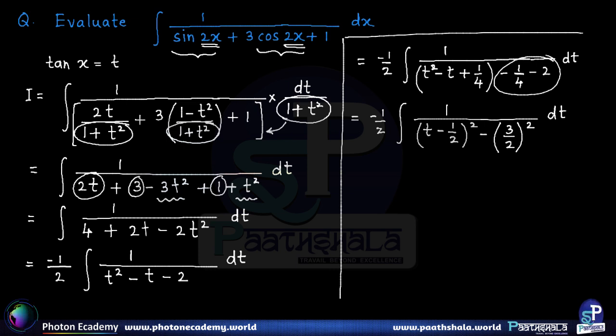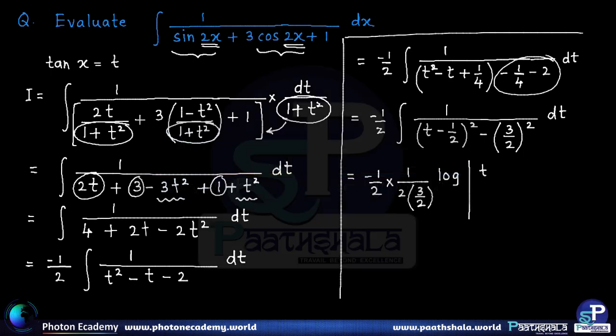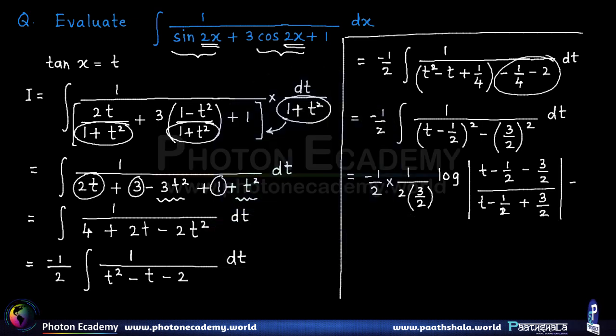Now this is of the form 1 upon variable square minus constant square. Once again we use the standard formula, that is 1 upon 2a, so 1 upon 2 into 3 by 2, log of mod of variable minus a, that is t minus 1 by 2 minus 3 by 2, whole upon t minus 1 by 2 plus 3 by 2, that is x minus a upon x plus a, plus c.